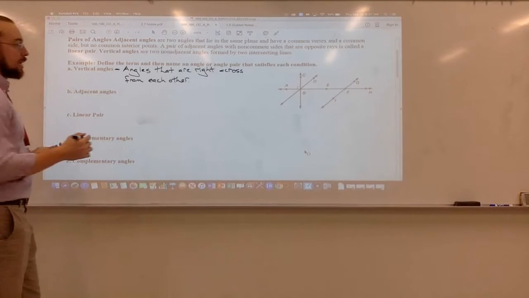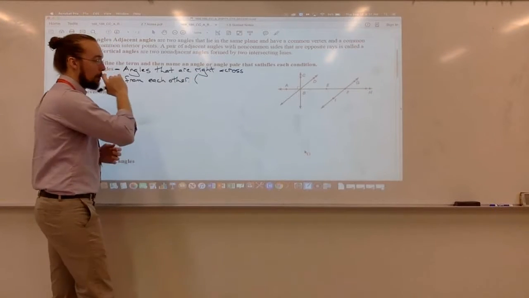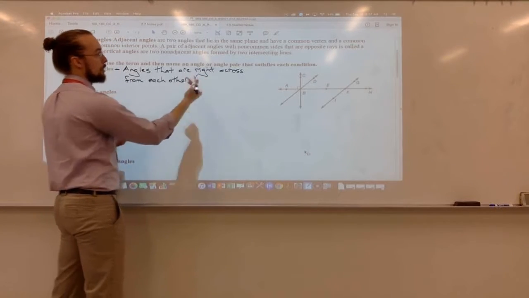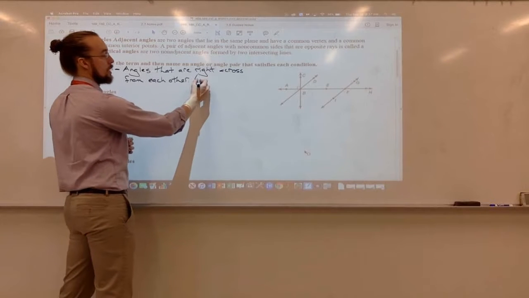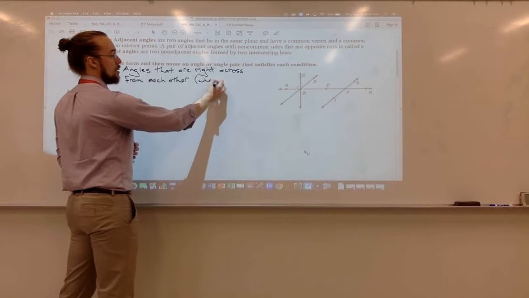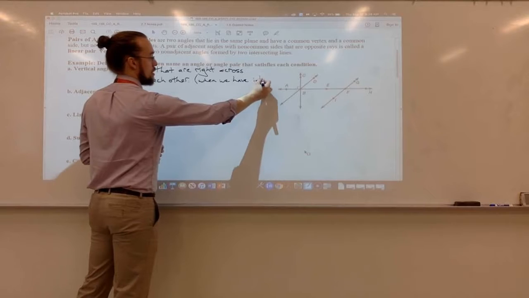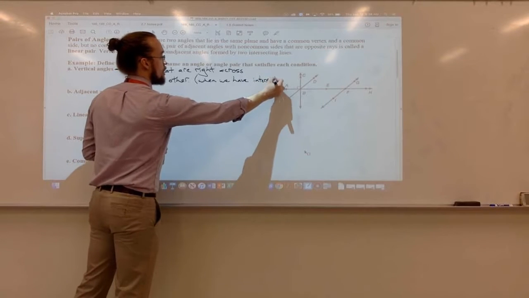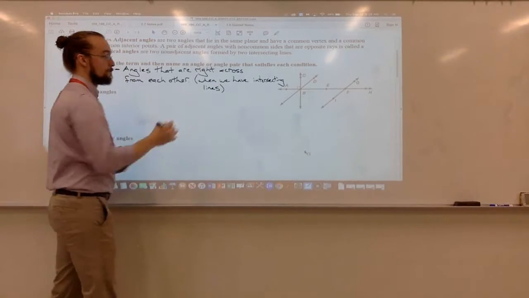And we do have to be careful. We have to specify angles that are right across from each other when we have intersecting lines. Let me explain what I mean by that.